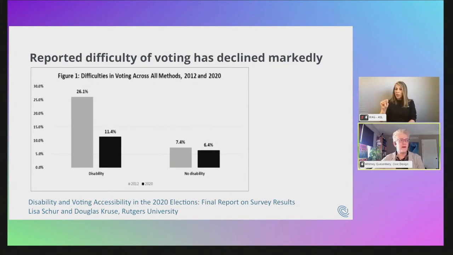Now, that's still higher than people who don't have a disability, who report numbers like 7.4% down to 6.4. But as you can see, the proportional gap is changing. So we're getting closer to the numbers that everybody reports of having some kind of difficulty voting, rather than it being such a huge gap between yes and no.